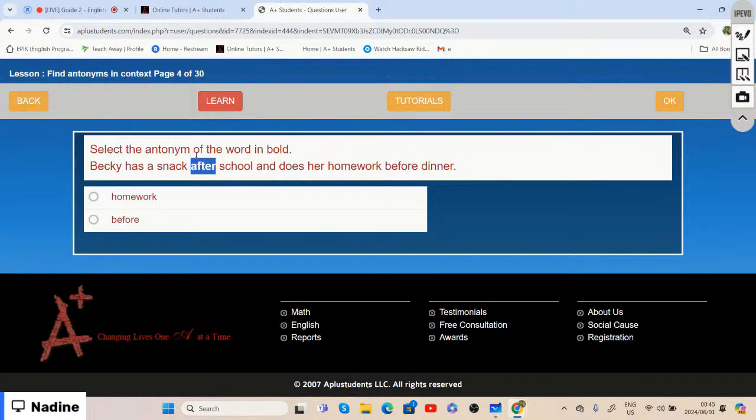All right, so we say Becky has a snack after school and does her homework before dinner. Yes, the opposite of after is before.